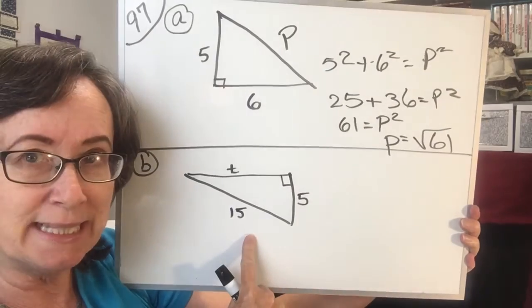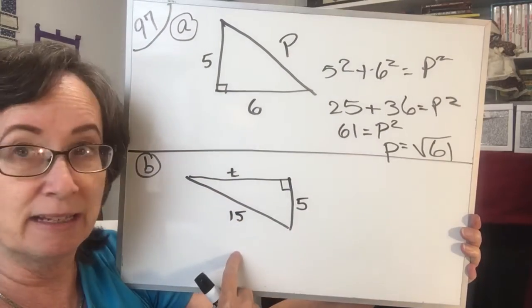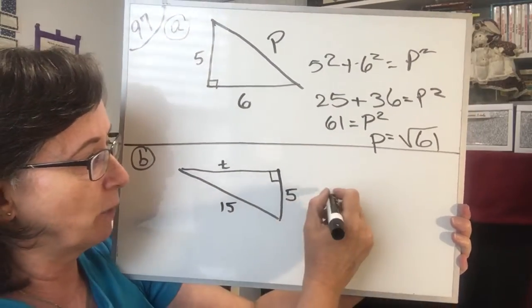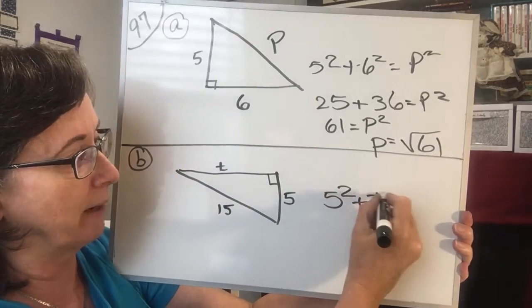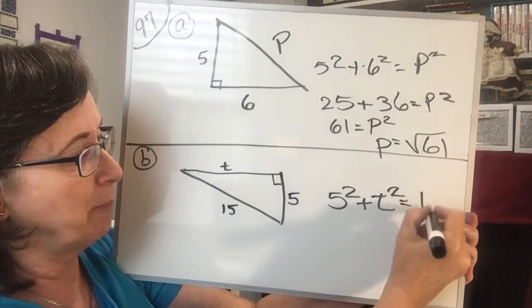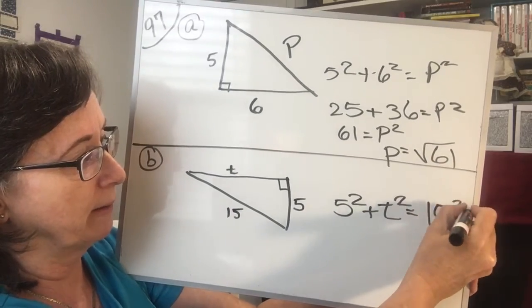Here, our missing side is a leg, not the hypotenuse. So we have to write it correctly. 5 squared plus t squared is hypotenuse squared.